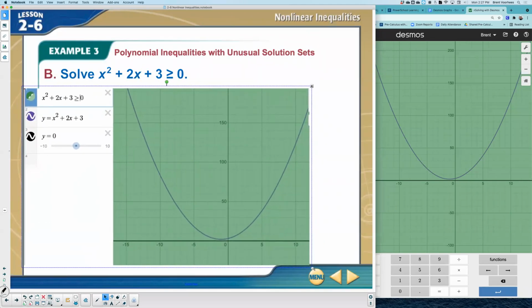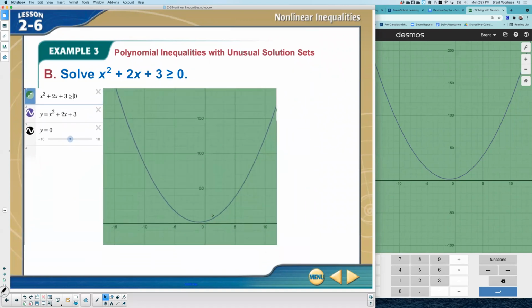This parabola is always above that horizontal line at 0. So this is all reals, or you could say the solution set is from negative infinity to infinity, or you can say all reals. The solution set is all reals. Because the parabola is always above the flat line.